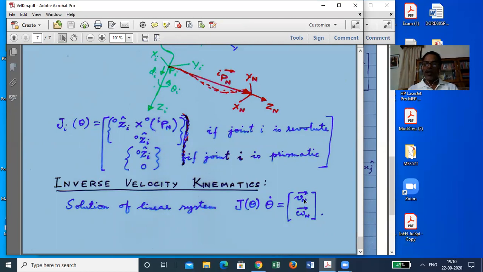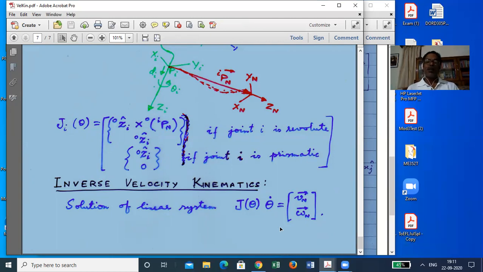So when that is of your interest, then you can directly do this. Otherwise, you have to take the point of interest and put it in place of this intervector point to get this kind of matrices. And for every point and frame, you would get a matrix according to this same formulation.